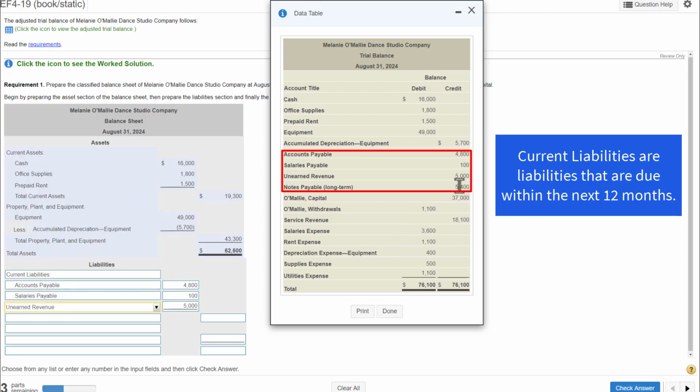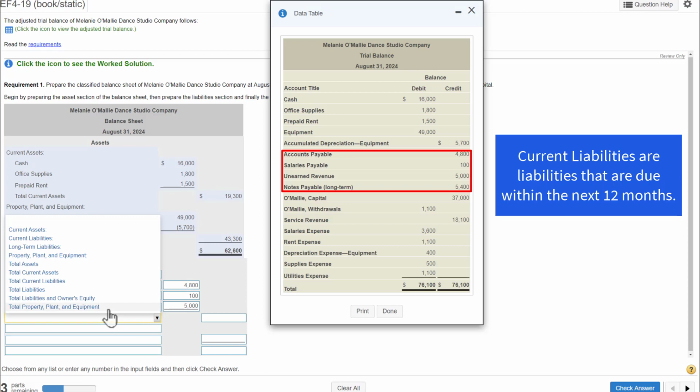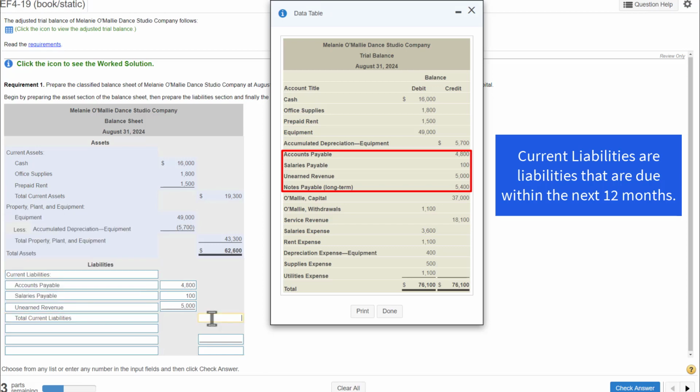And then our notes payable is long term, so we're done with the current liabilities section. So 4,800 plus 100 plus 5,000 gives us total current liabilities of 9,900. And then we've got our long-term note payable, 5,400.